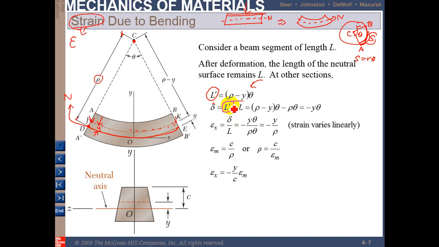L prime is equal to this, and L can be calculated using rho times theta. If you simplify, it is rho times theta minus y times theta, minus rho times theta. The rho times theta terms cancel, so finally you only get minus y times theta.